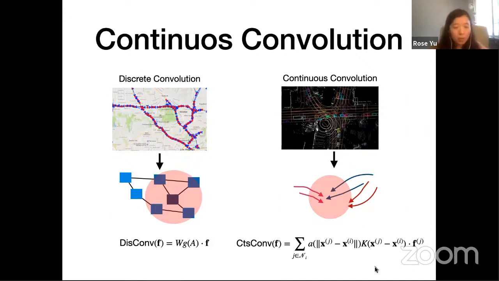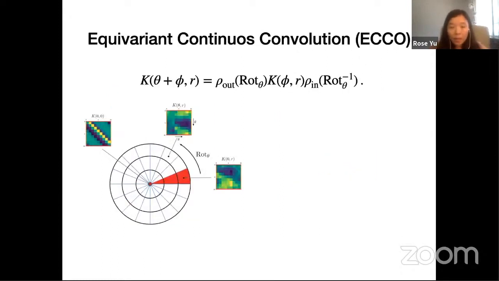However, continuous convolution itself is not equivariant. The key contribution of this work is to generalize continuous convolution and make it equivariant. We can use the same idea of weight sharing to design continuous convolutional operators that are equivariant under continuous rotation.